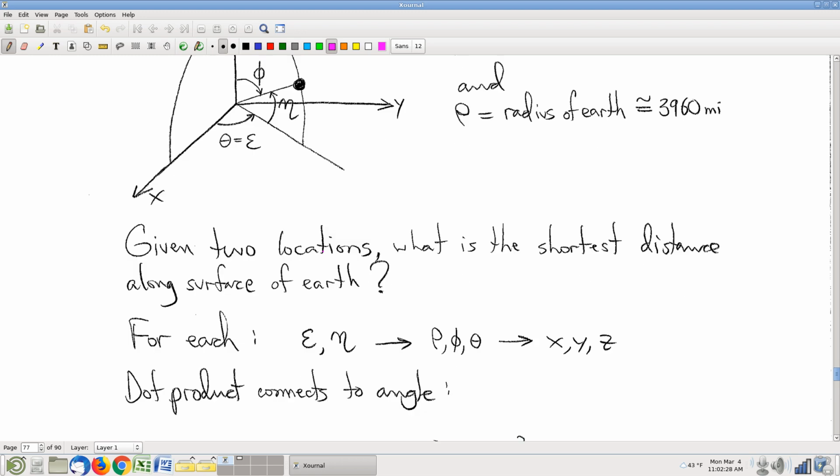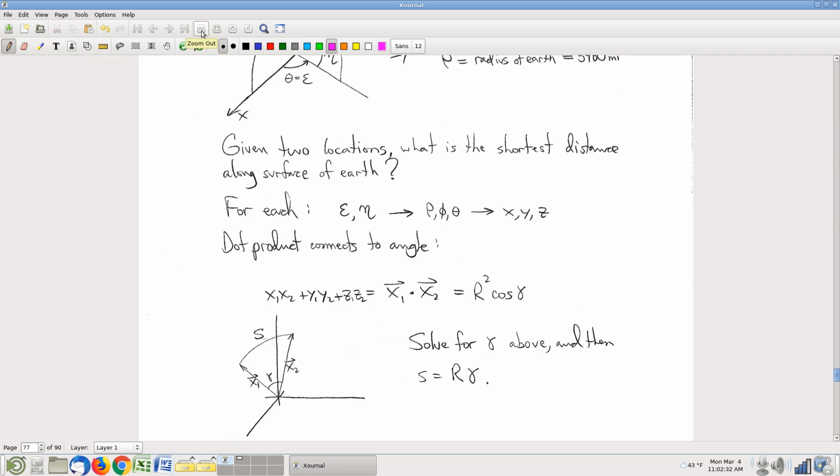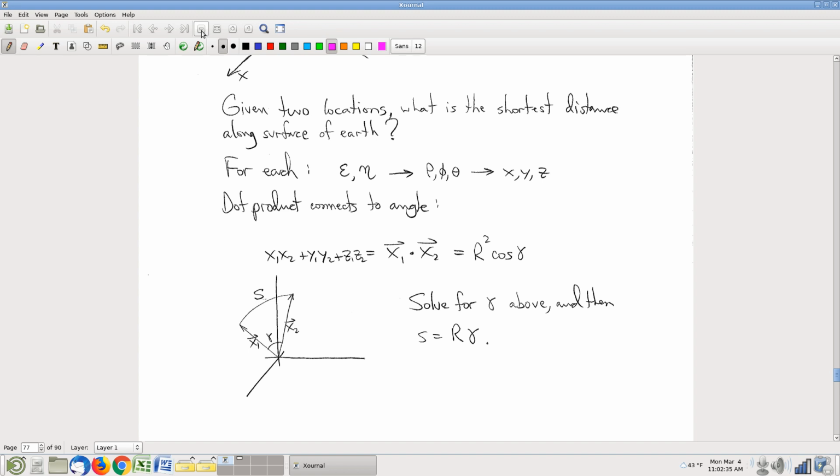And here's a very convenient way to do it, and that is to observe that if you know longitude and latitude, well, it's not hard to convert, as we saw above. Longitude and latitude you can convert into spherical coordinates. Once you know spherical coordinates, it's pretty straightforward to convert into rectangular coordinates. You've got to do a little bit of trig, write some things down, but not that big a deal.